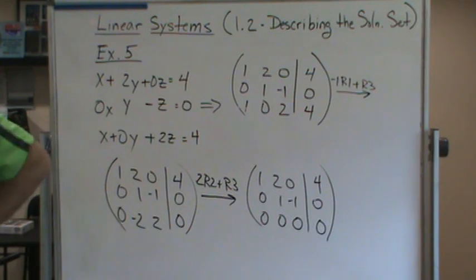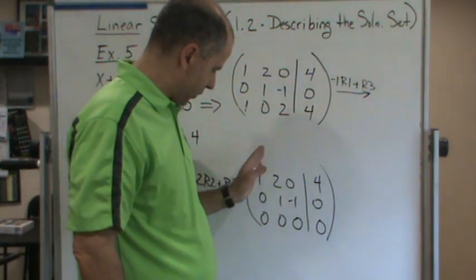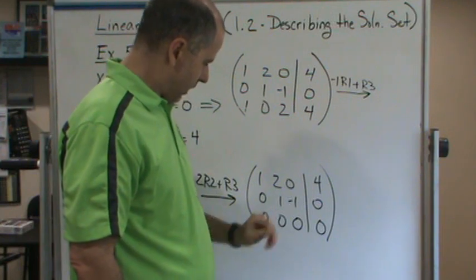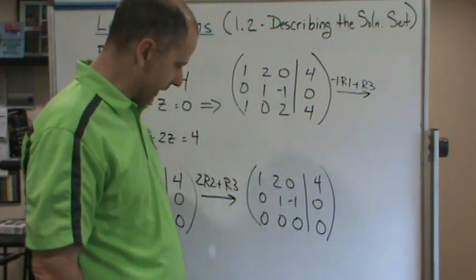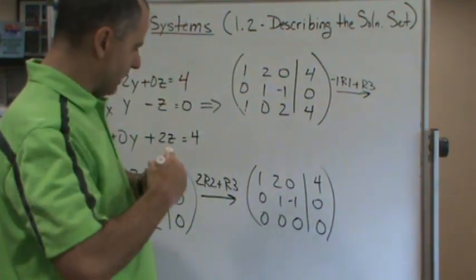Now notice here, each column represents a different variable. Column 1 represents the x's, column 2 represents y, and column 3 represents z. So when we look at this, what does this tell us?